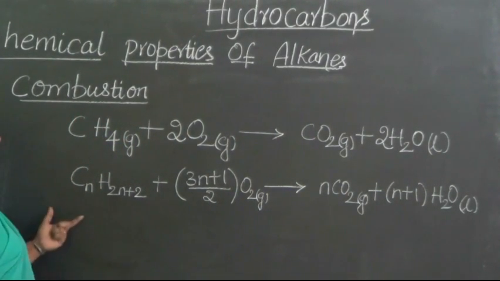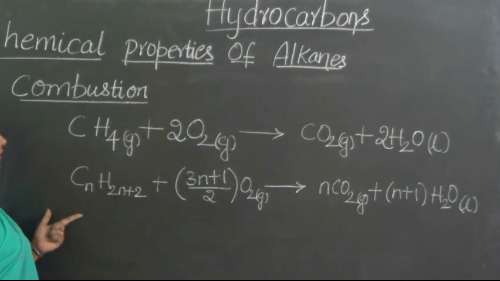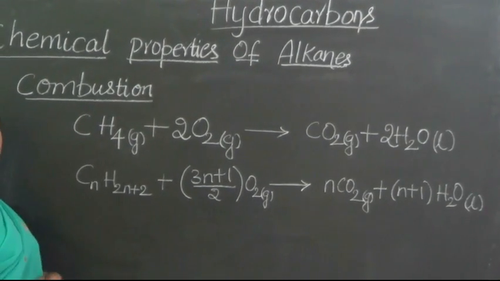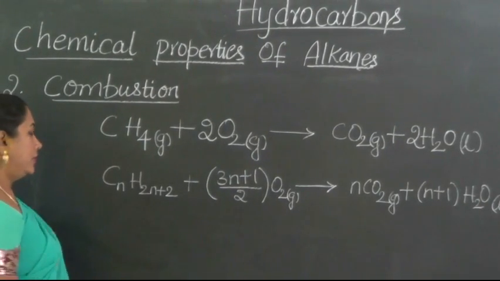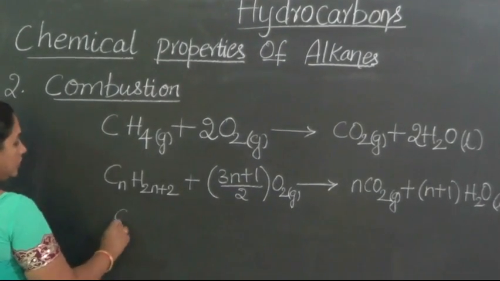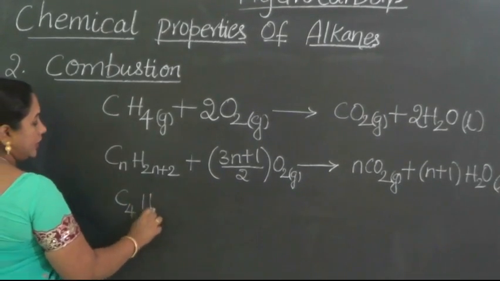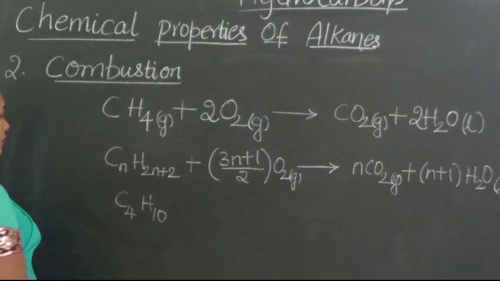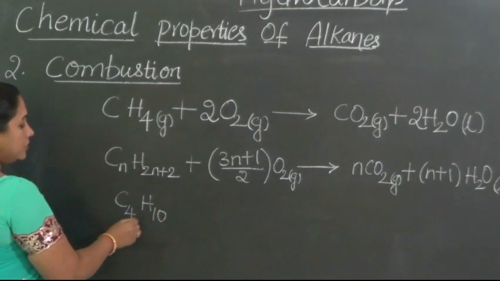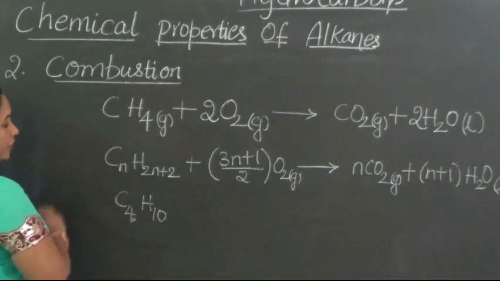Supposing we want to write the balanced chemical equation for combustion of, let us say, butane. C4H10 is the molecular formula of butane. So how many carbon atoms are there in butane? 4.